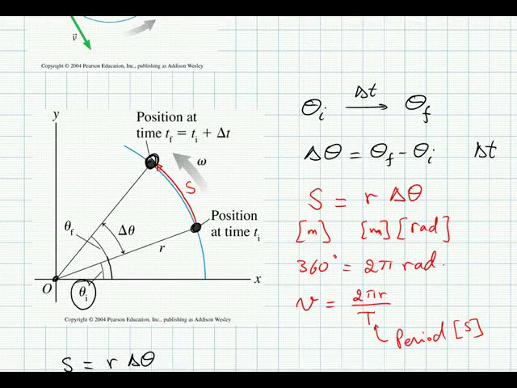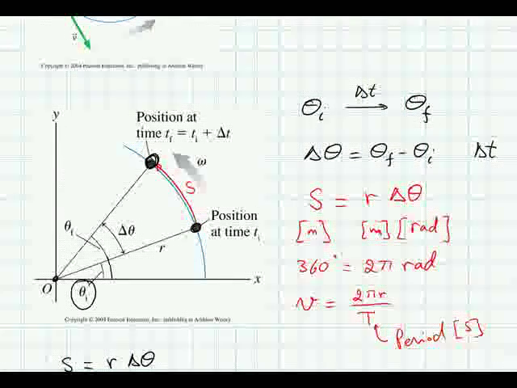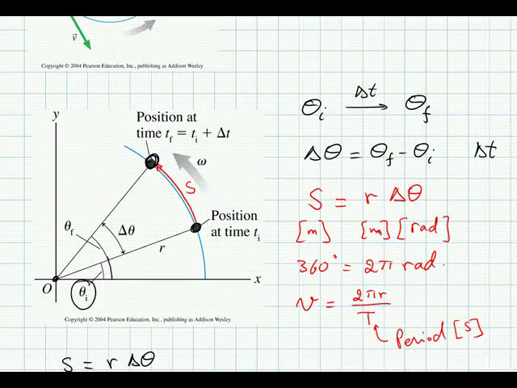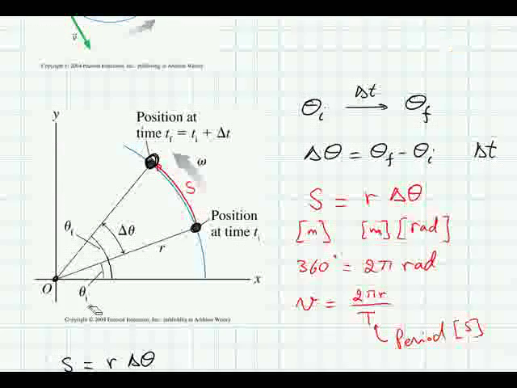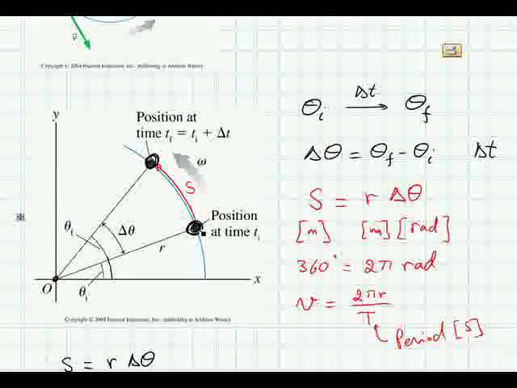Specifically, we measure position by what we call the angular position of the object. So in our xy coordinate system, as shown here in the diagram, let's say the initial position of the object is right here.